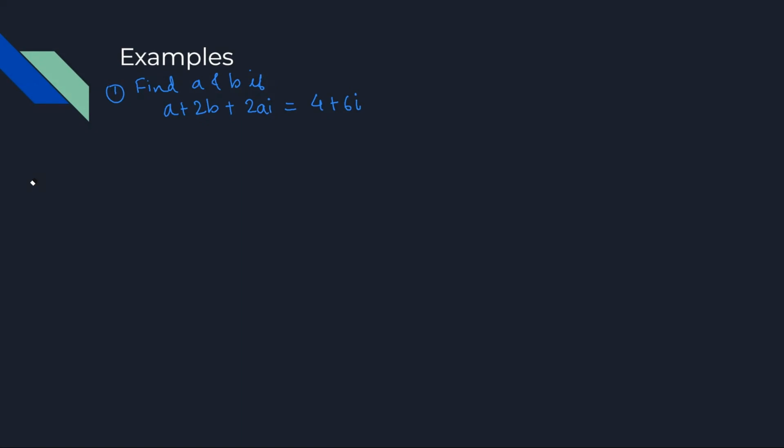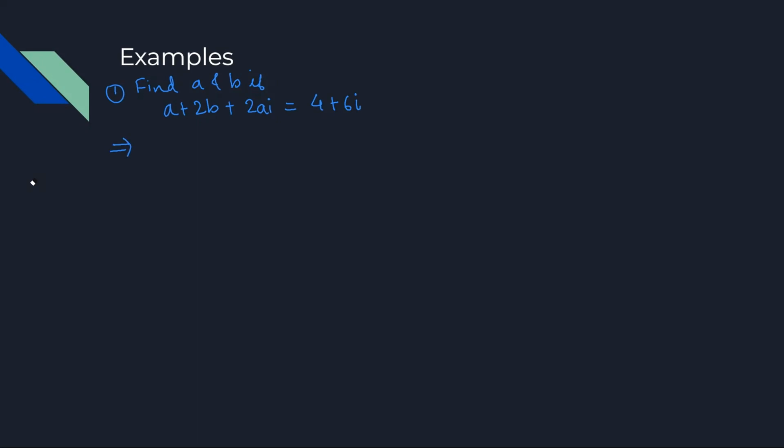So our first example over here is, we have to find a and b if a plus 2b plus 2ai equals 4 plus 6i. So how to solve this? First of all, we will write this in terms of real part and imaginary part.